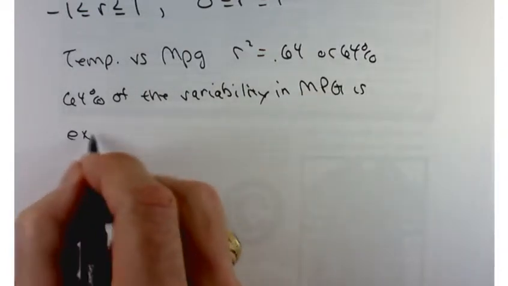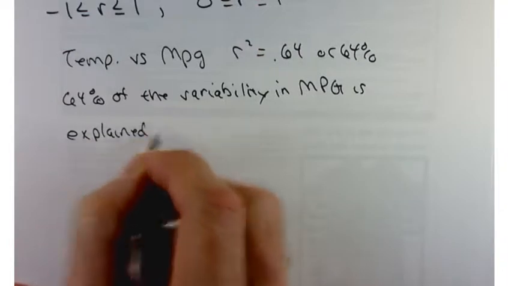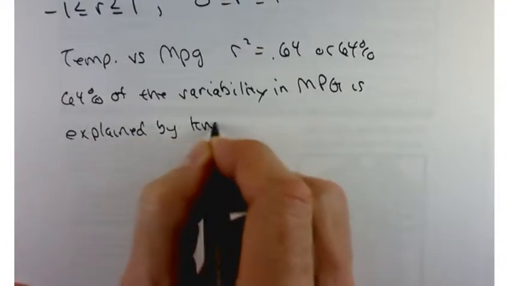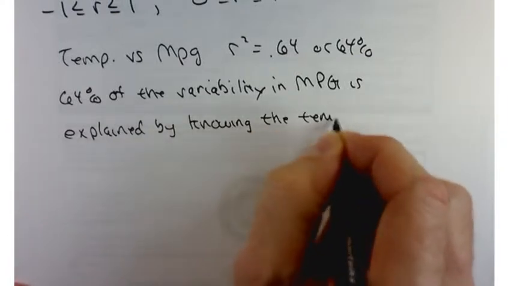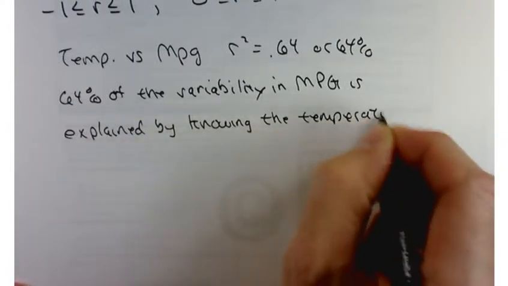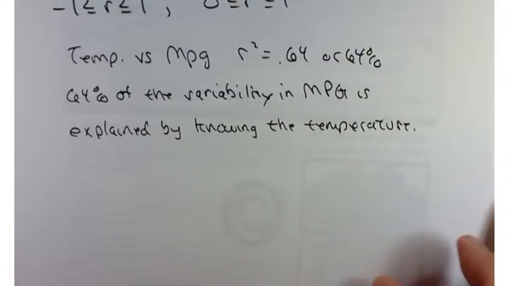That was pretty remarkable. Of all the things that could affect your gas mileage, just knowing how warm it was outside explained 64% of the variation. So that was pretty substantial, I thought.